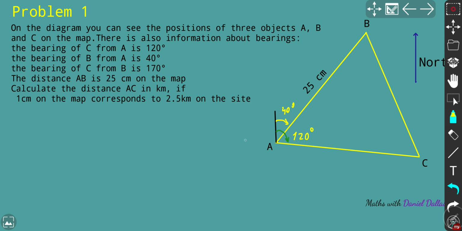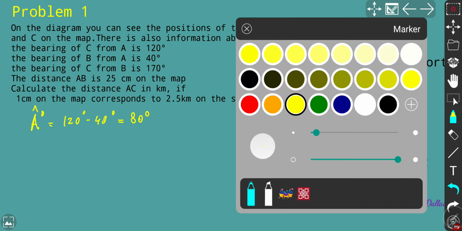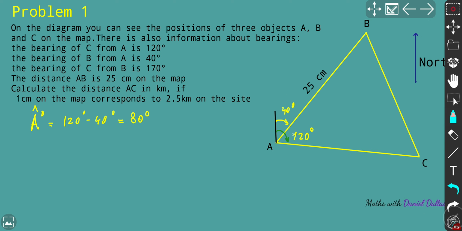That means if we subtract 120 minus 40, we can calculate the angle A. So angle A in degrees is going to be calculated as 120 minus 40, and that means we establish the value as 80 degrees. So the inside angle here is 80 degrees. If you like, I can mark it and say that this big angle is just 80 degrees. So we know angle A.